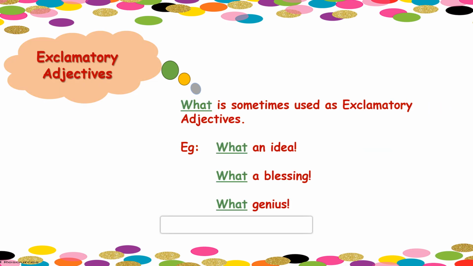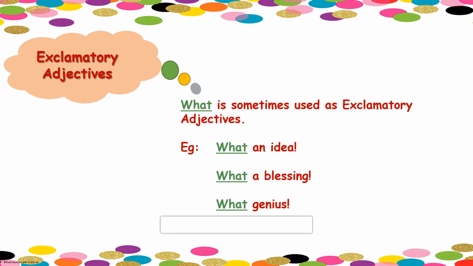Then comes exclamatory adjectives. As you know, exclamatory words are those words which are used in order to show sudden emotions, sudden feeling. Okay. And as it is an exclamatory adjective, you remember, if it is an adjective, it must be used with nouns. So what an idea: here what is an exclamatory adjective, idea is a noun.